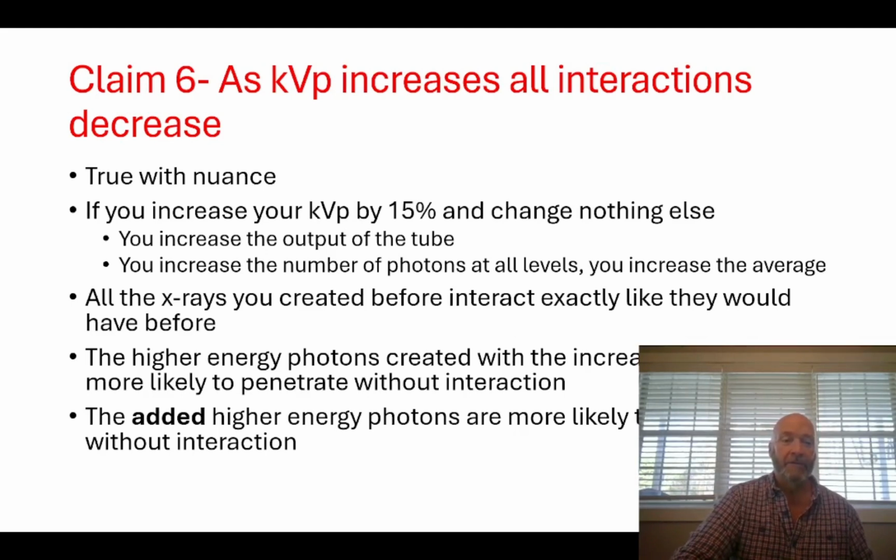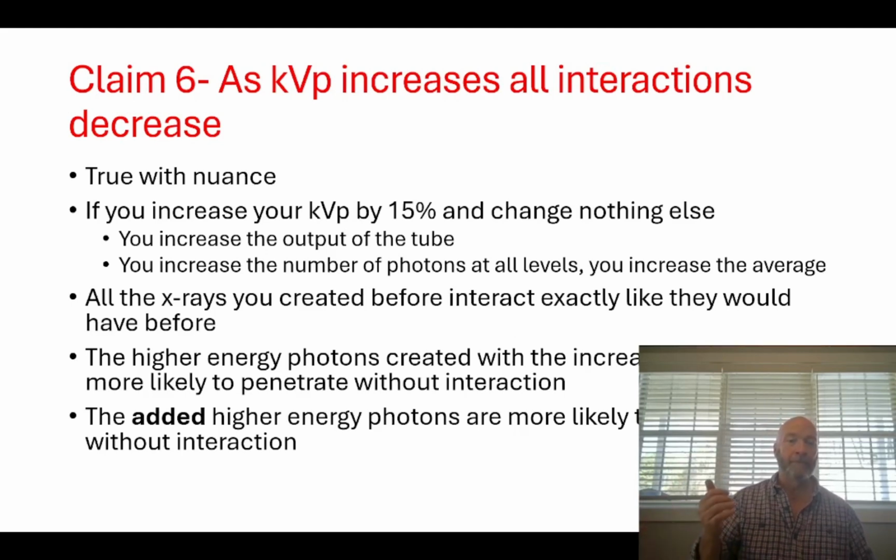As you increase your kVp, and if you do nothing else, then you increase the output from the X-ray tube, you increase the number of photons at all levels, including those low energy X-ray photons. So as you increase kVp, you're going to get an increase in interaction with those low energy X-ray photons. What this is referring to then are those upper end X-ray photons that are more likely to penetrate through the patient.